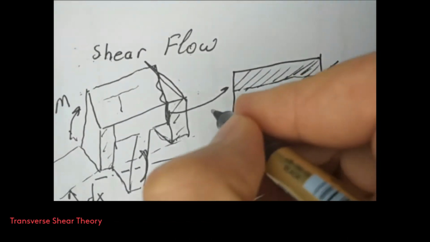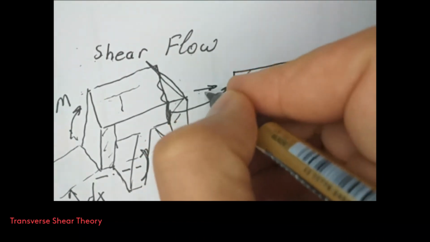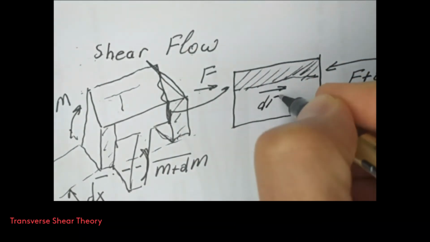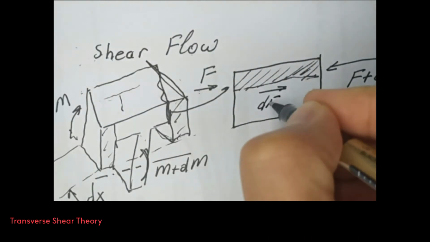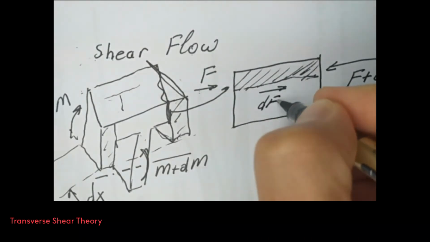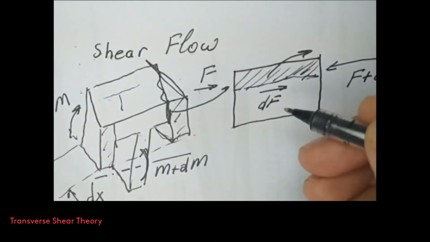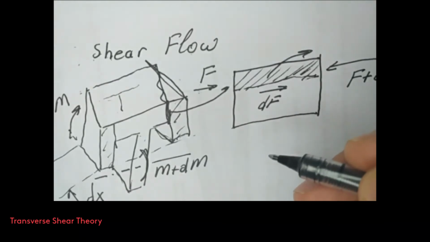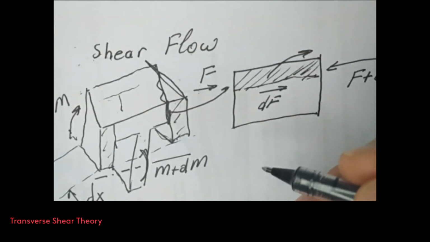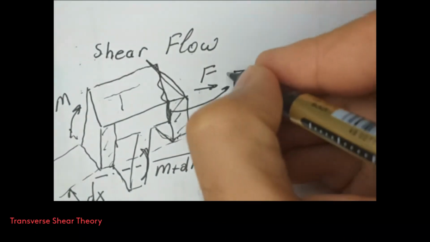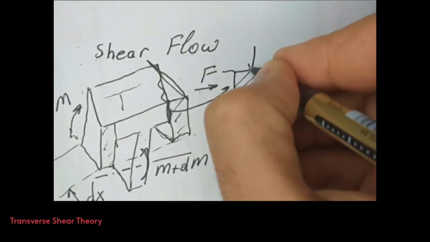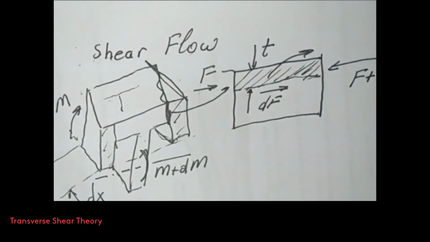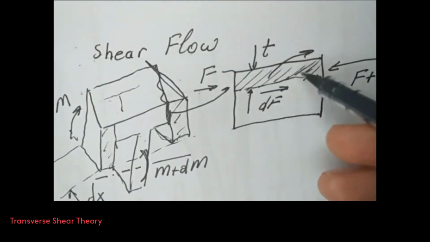This is the total force carried by this member, and we have F, and moreover we have dF, which is solely transmitted by this area. And let's say that this distance is t. Okay, so somehow from this region it's glued, it is welded, whatever it is.